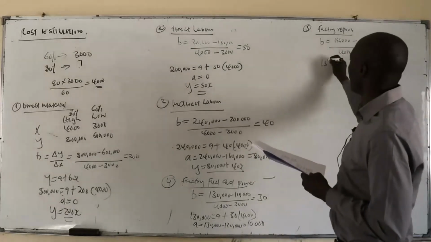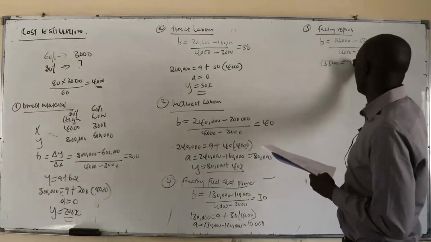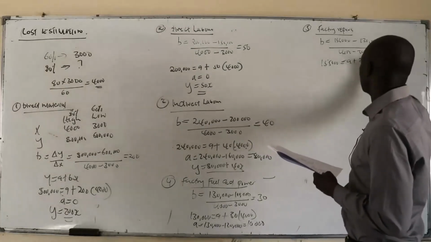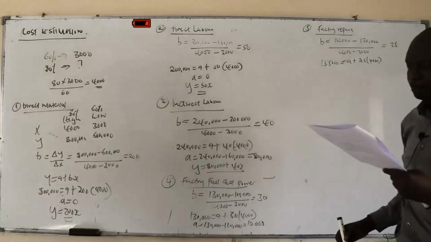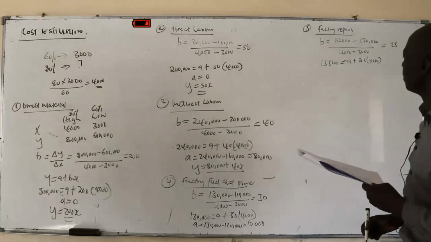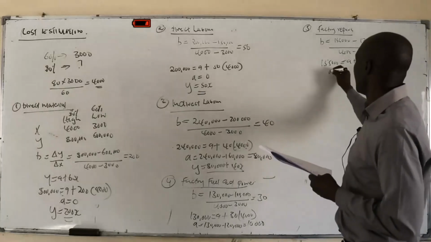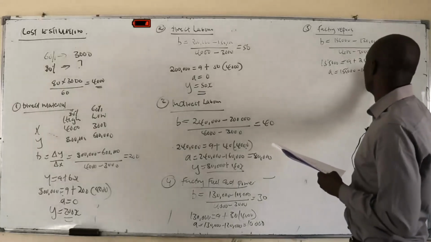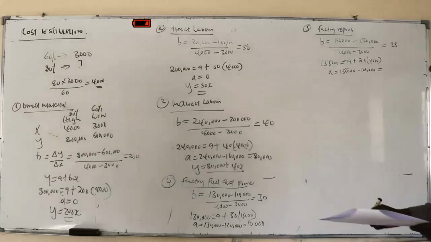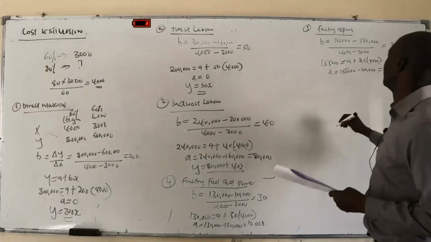So we take 155,000 is equals to A plus 25 times 4,000. So 25 times 4,000 is how much? 100,000. So we come here and say A is equals to 155,000 minus 100,000, which gives you 55,000.